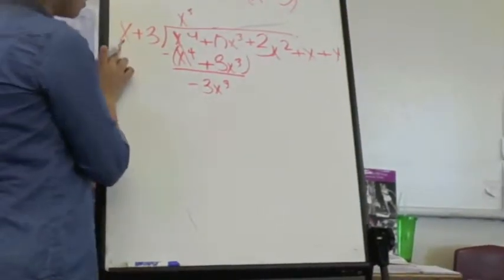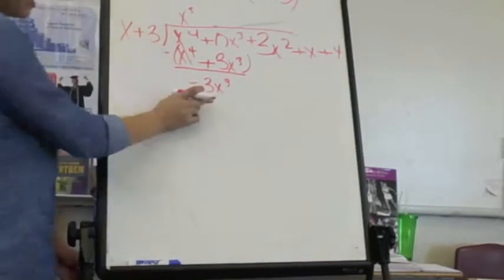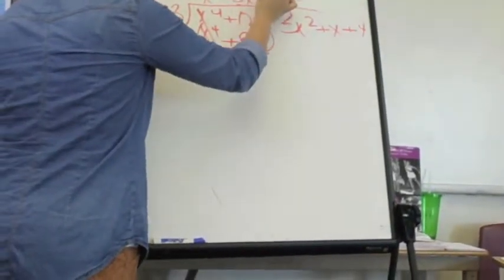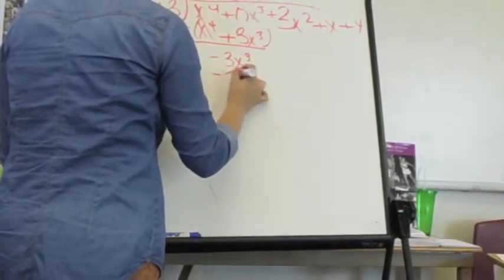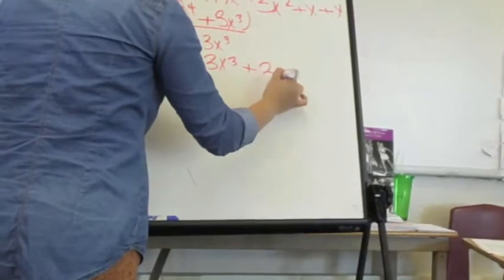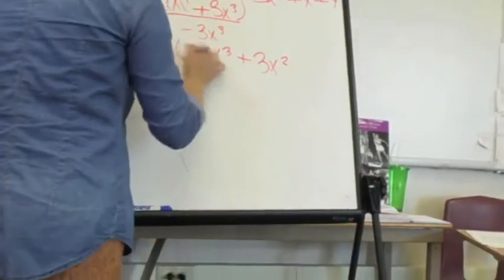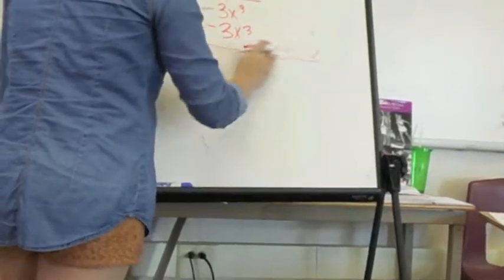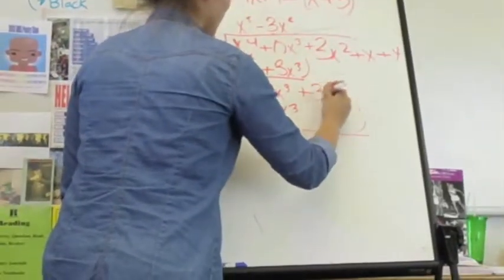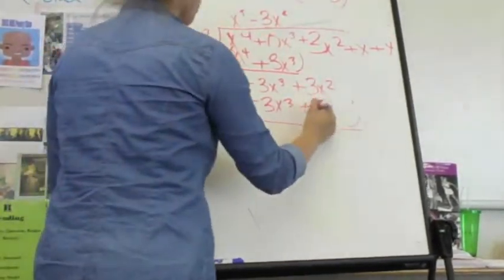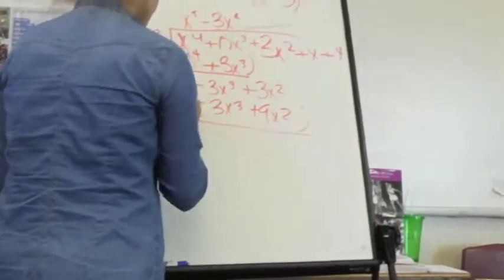To get negative 3x to the third, you have to get a negative 3x squared, and you bring down your next term. So 3x squared, and then you multiply this times this, which is 9x squared, and then just distribute.